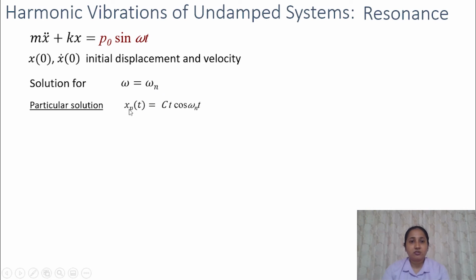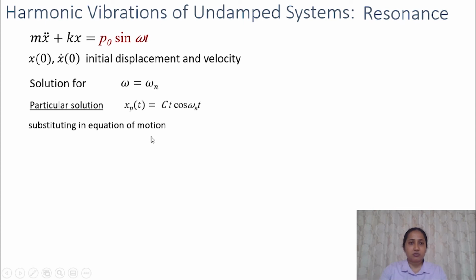So we will choose the particular solution as Ct cos omega nt, and Ct sin omega nt will also work as well. So now, as we did earlier, we will substitute this expression in the equation of motion and we will find out the value of C.